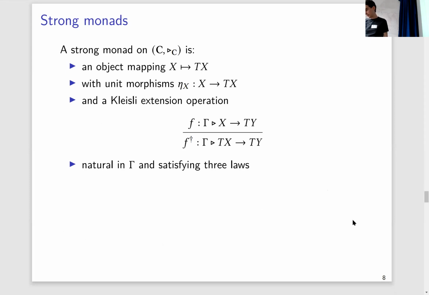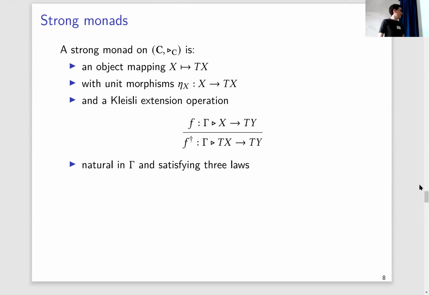Okay, so now let me move on to strong monads. The definition, my preferred definition, looks like this. We start with some category C with an action. A strong monad is first an object mapping: given any object X of C, we get an object T of X inside C. And we have unit morphisms that go from X to T of X, exactly as in a normal monad.